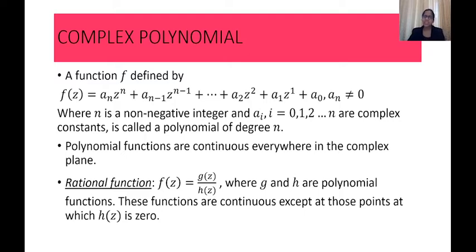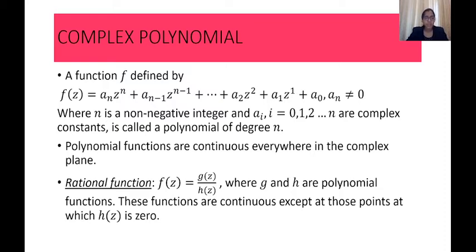Okay, same concept as that of the real case, except that in the real case the coefficients are real, and in the complex case the coefficients are complex constants, like 1 plus 2i and so on. So that is called a polynomial of degree n. Now polynomial functions are, as usual, continuous everywhere.